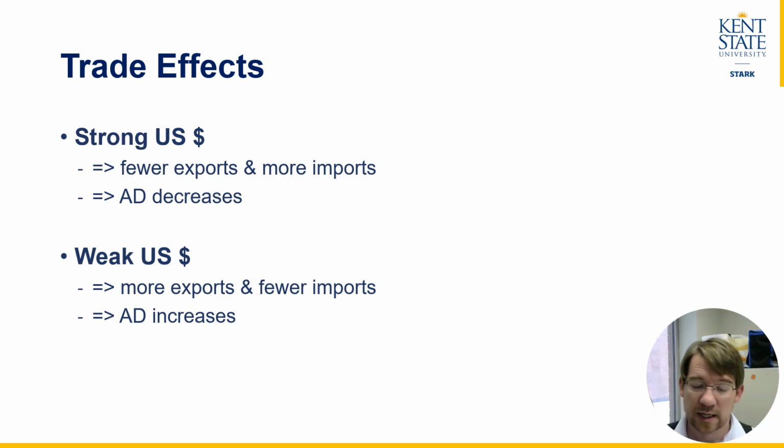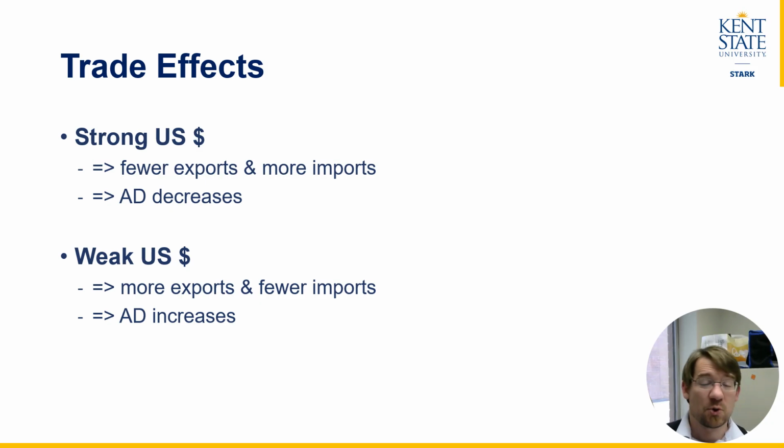Right, so if we have a strong US dollar, what happens is that it becomes expensive for foreigners to buy the dollar. Strong US dollar, it's very valuable. Because it's expensive for them to buy the US dollar, it's also going to be expensive for them to buy American goods. After all, they need dollars to do that. So what we expect to see is that we in the US are going to export less, simply because our exports look more expensive to the rest of the world.